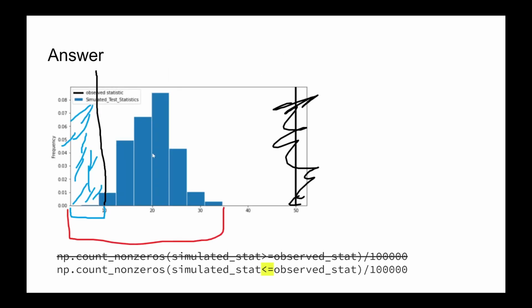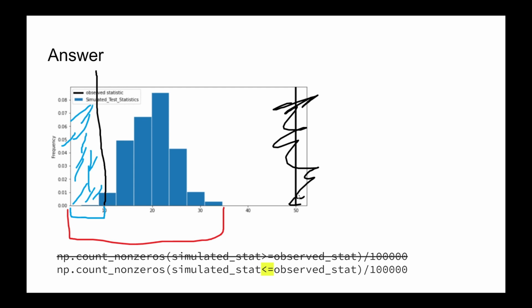So, the way we count the p-value is not quite the same as before. Instead of calculating the amount of times we got a simulation where we get more than the observed statistic, we count the amount of times where we get a simulation whose results are less than the observed statistic.